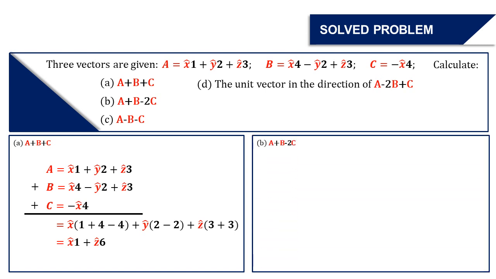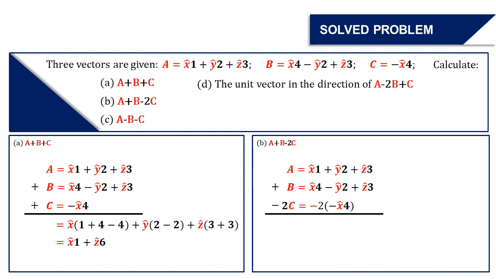Okay? Sa second problem naman, a plus b minus 2c. So, ganun pa rin. Line up natin yung ating a plus yung b. And then, magkakaroon tayo ng scaling sa c, right? So, that's minus 2c. That's negative 2 times negative x hat 4. So, same procedure. I-add natin yan lahat.